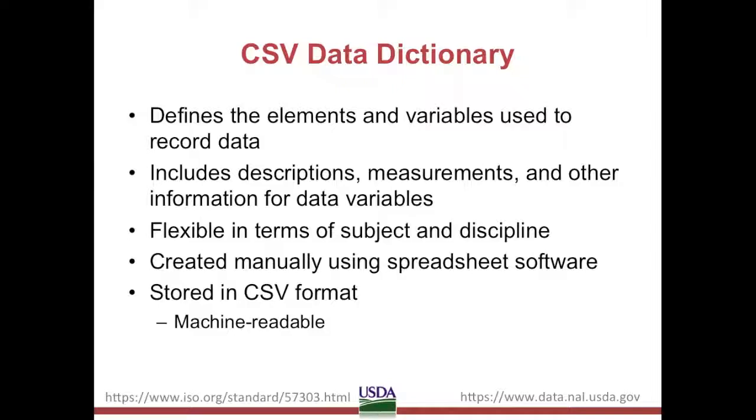This type of data dictionary is flexible in terms of subject and discipline, and accessible because it is created manually using spreadsheet software that most of us have available to us in the form of Microsoft Excel or Google Docs. And obviously, while the software can produce many different file formats, you want to save the finished document as a CSV so that it is machine readable.